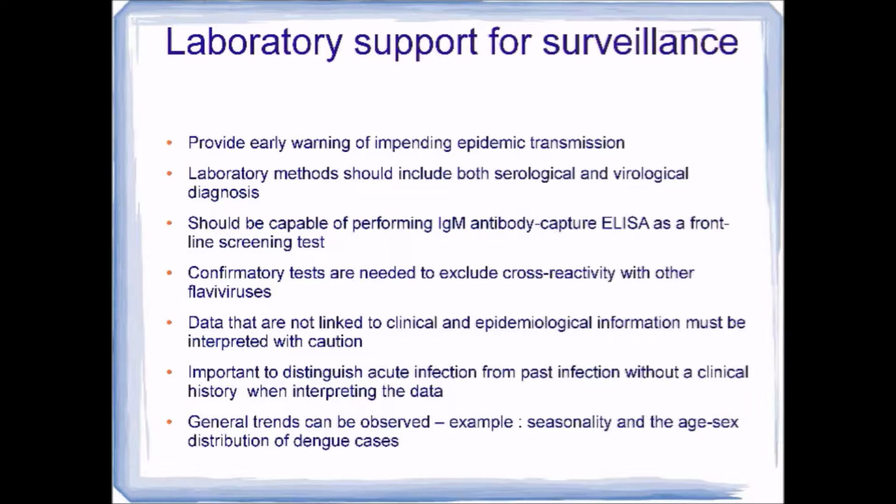The ability of laboratory tests to distinguish acute infection from past infection without a clinical history must also be taken into account when interpreting the data. Although changes in incidence cannot be determined with precision from such data, general trends can be observed, such as seasonality and the age-sex distribution of dengue cases.